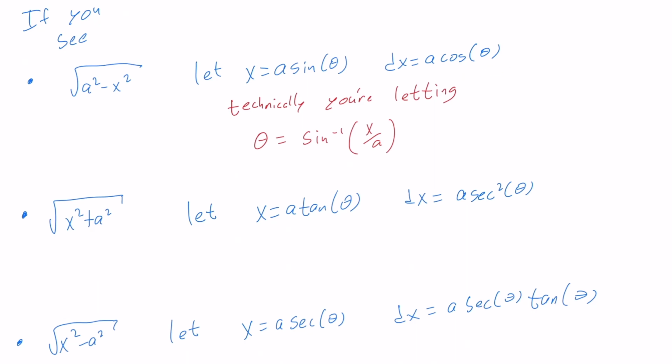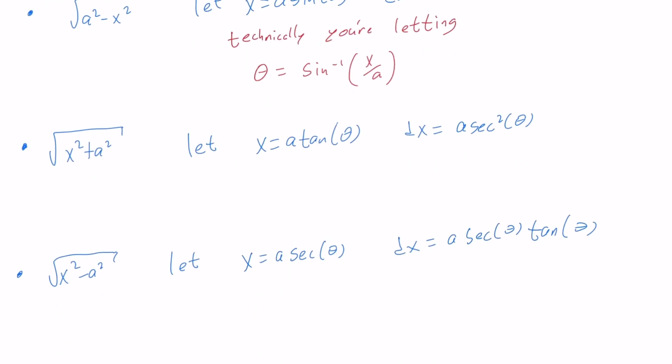If we see something that looks like the square root of x squared plus a squared, we should try and let x equal a tangent theta, right? That's because the derivative of inverse tangent gives us x squared plus 1. If x is a tangent theta, then dx equals a secant squared theta.